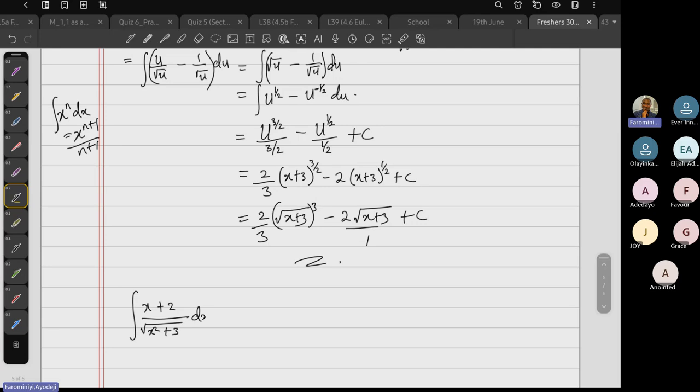Okay, so to do this, then this will have to be broken down into x over square root of x squared plus 3. U substitution will work on this part. But the main problem will be the other guy, 1 over square root of x squared plus 3.